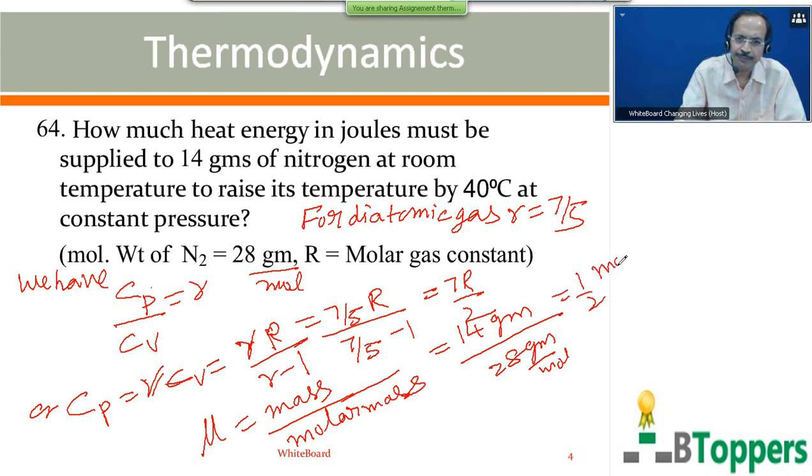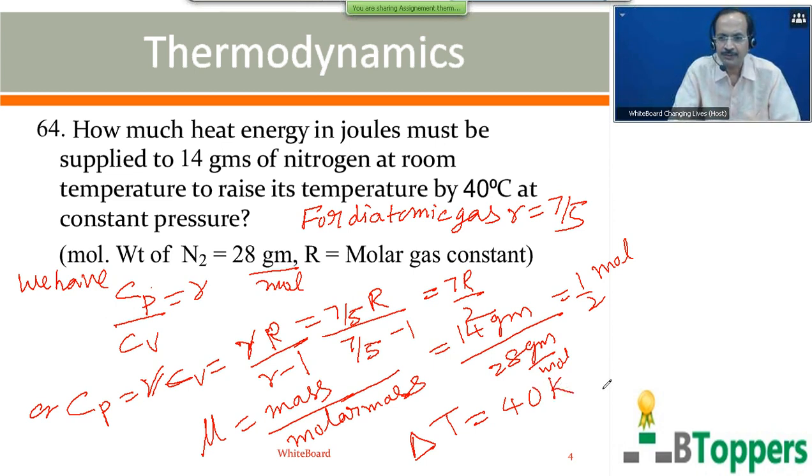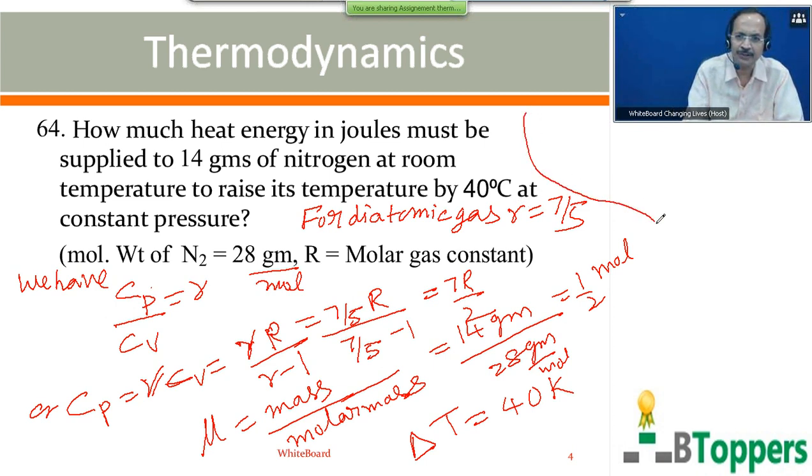So that is equal to half mole. The increase in temperature of the gas on Kelvin scale is numerically same as increase in temperature on centigrade scale. So if the temperature of the gas increased by 40 degrees centigrade, you can say that on Kelvin scale it has been increased by 40 Kelvin.